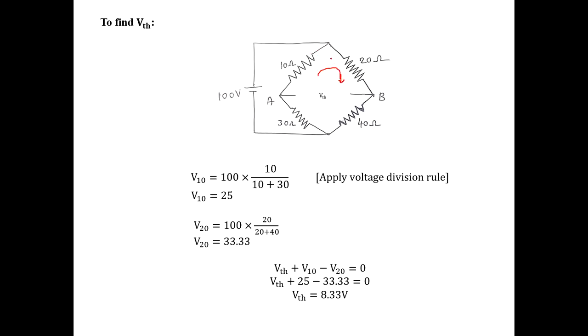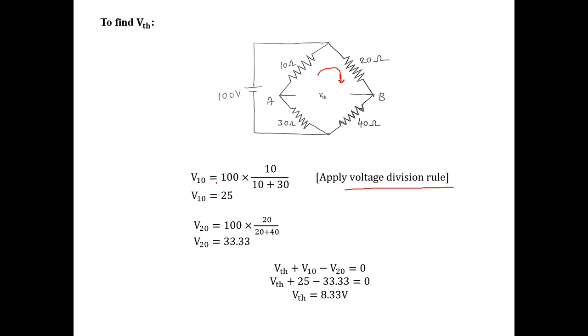Here in this circuit we know the total voltage. To calculate the voltage drop across an individual resistor, we can use the voltage division rule. Using the voltage division rule, first we have to calculate the voltage drop across 10 ohm.